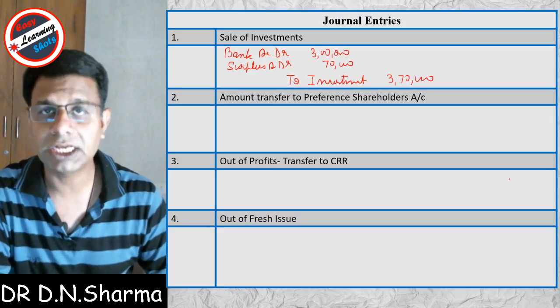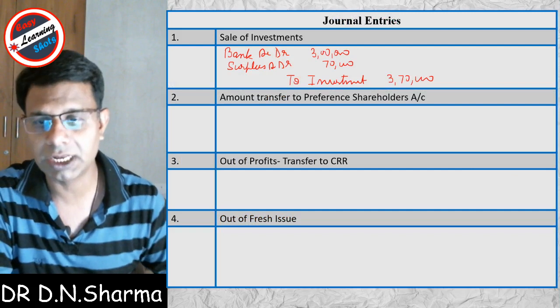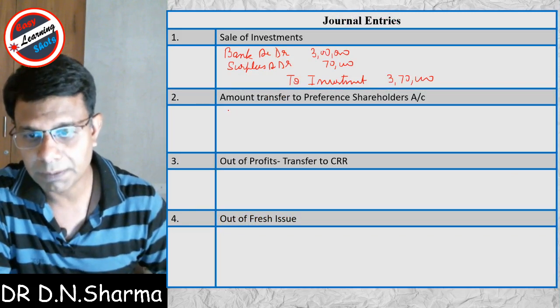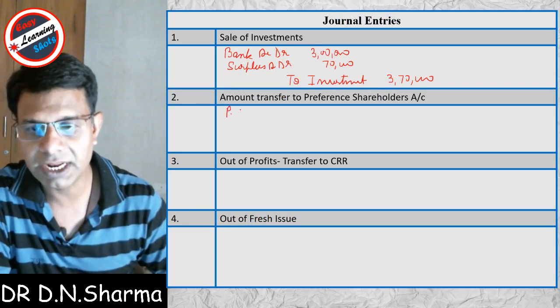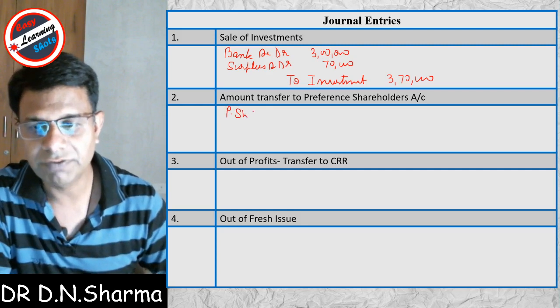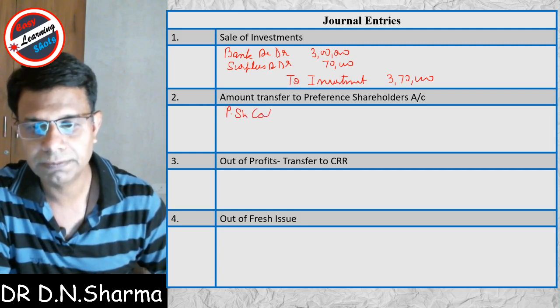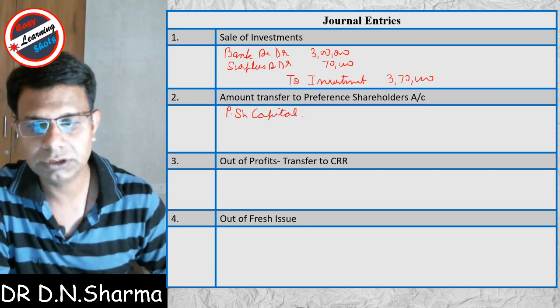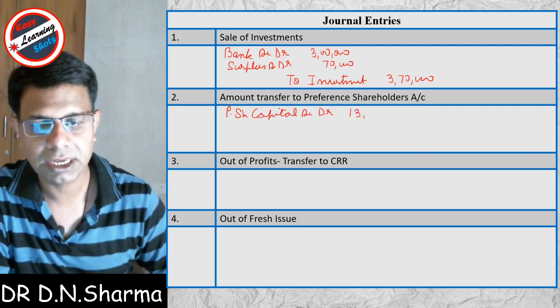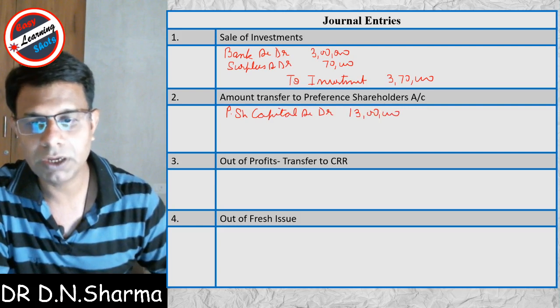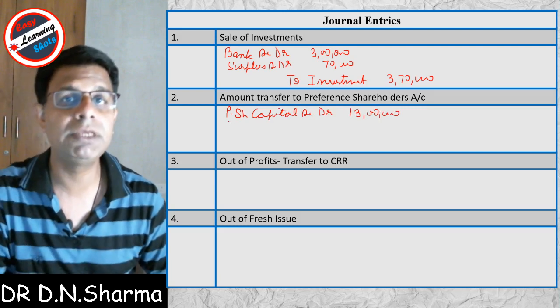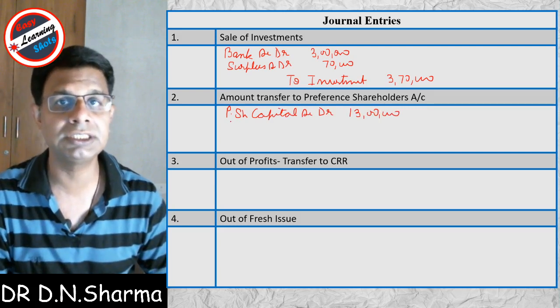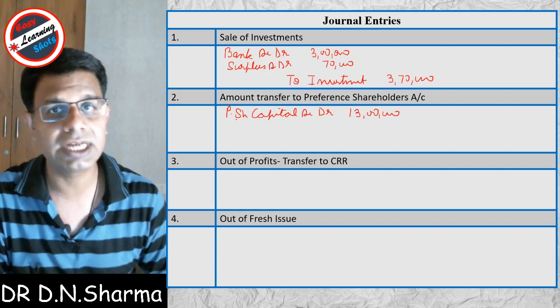So first we transfer the whole liability to a common account. The company has to pay nominal capital of preference shares. Now we debit preference share capital account, and this preference share capital is 13 lakh rupees. The company also pays premium amount, and premium on redemption of preference shares is a loss, and all the losses are debited.